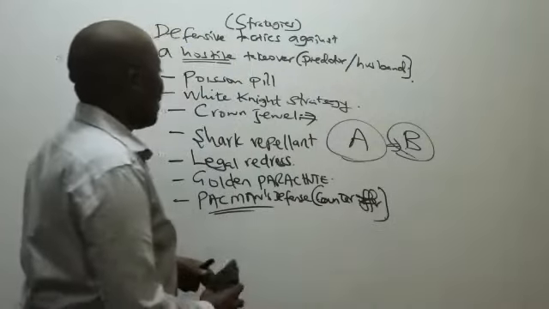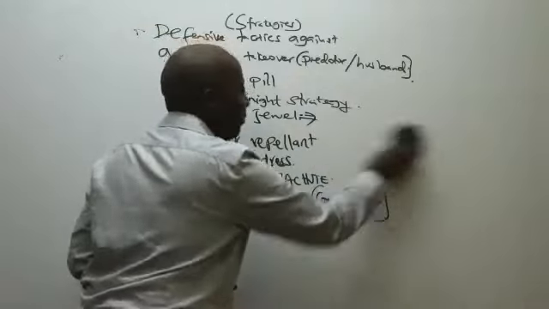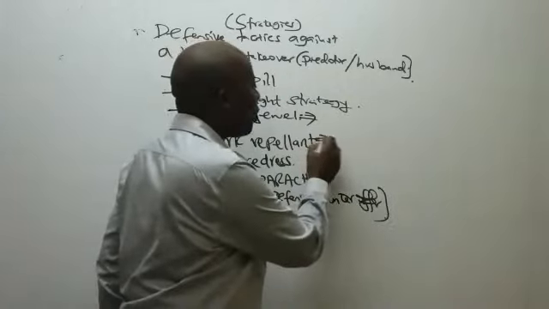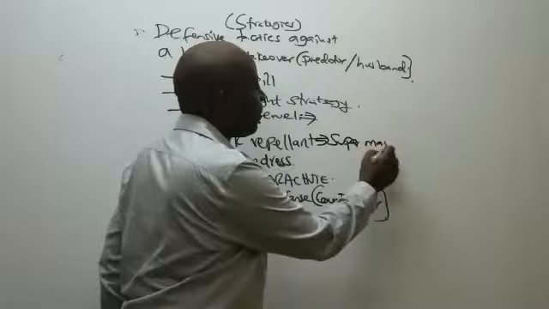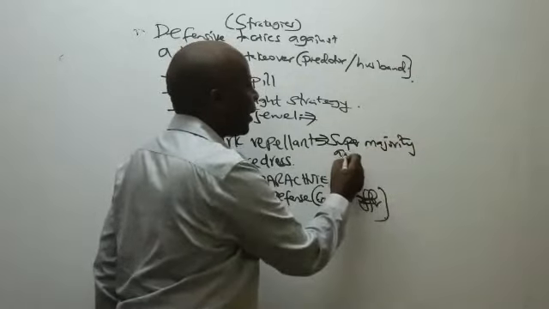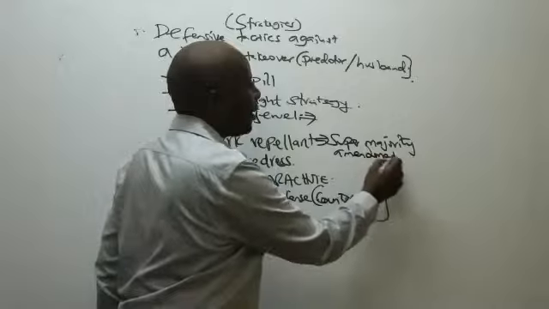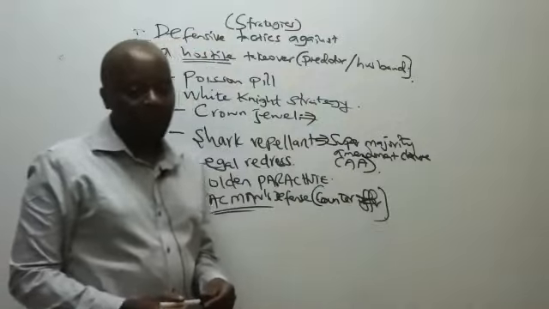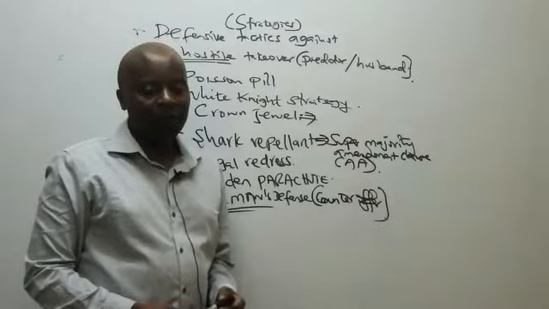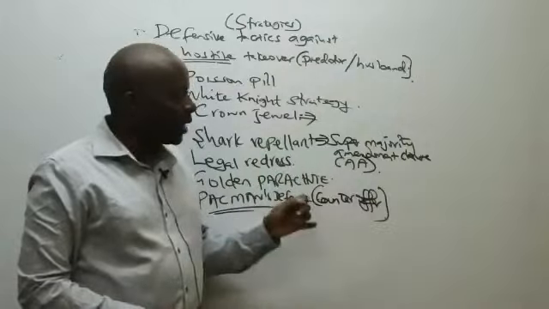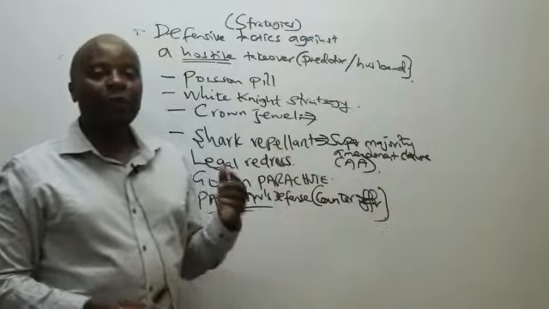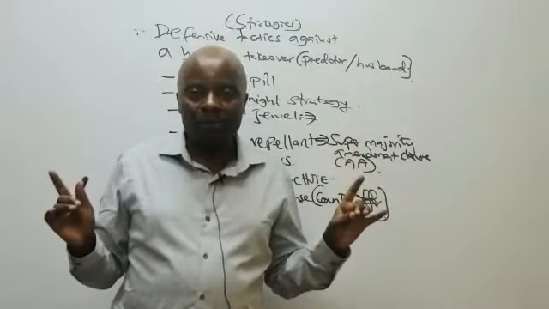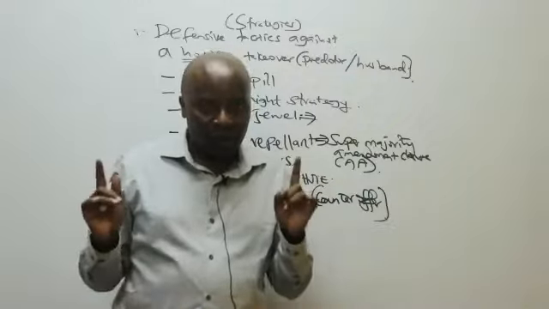Now, from there, ladies and gentlemen, we have the shark repellent. This is where we introduce what we call a supermajority amendment clause in the Articles of Association. We say, for example, that we as Safaricom do not want to be acquired by a single firm or a single investor.